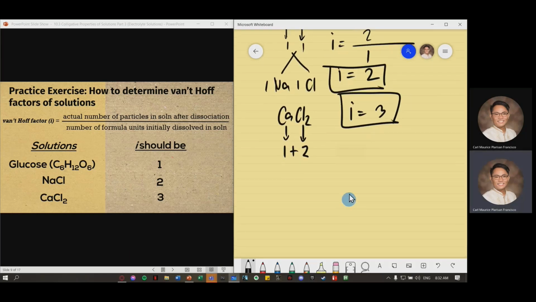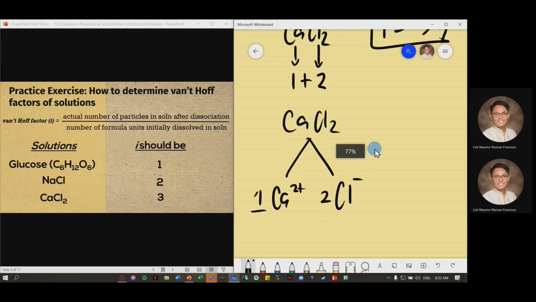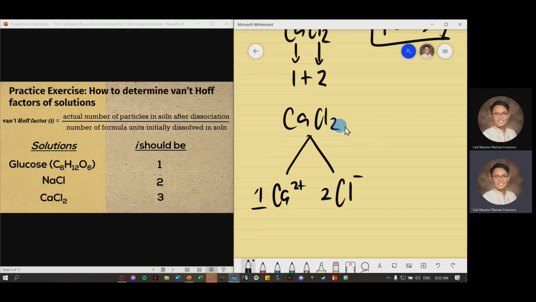So check natin, what if gamitin natin yung Van Hoff factor formula? CaCl2. You have here calcium 2+. Meron kang isang calcium 2+, and then meron kang dalawang chlorine negative. So pag nag-dissociate po ito, meron tayong isang calcium 2+ at dalawang chlorine negative.